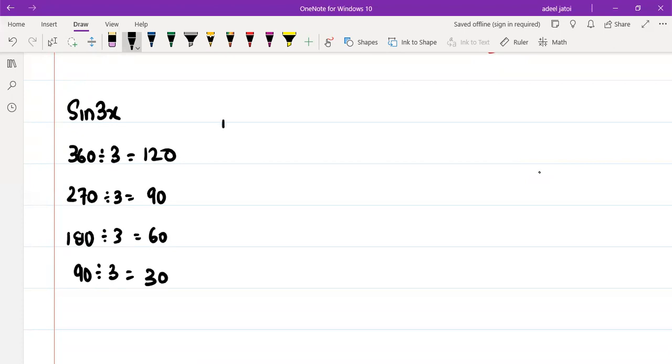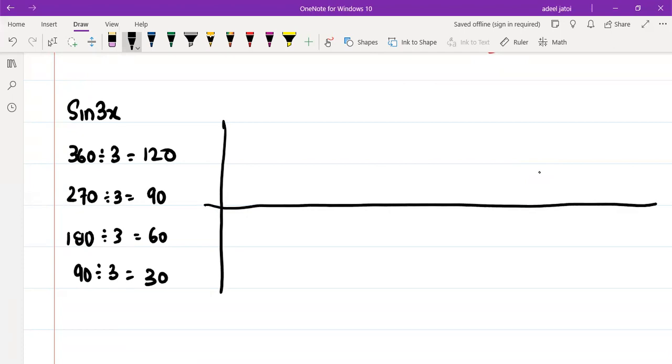Now if I create a graph, your first value is 30, the other value is 60, then it is 90, and then it will be what? 120. Since you need to understand this is 1 and this is -1.